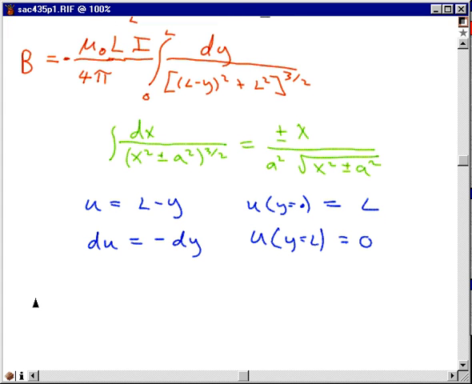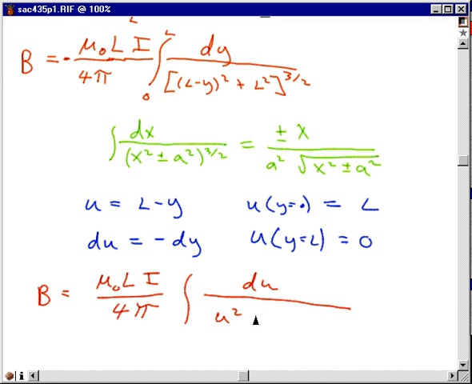And I think I'm in a position to write down that whole integral for B again in terms of the u variable. So I'm making a variable substitution. There's the minus dy. It becomes just du. And then the L minus y down here is the u.